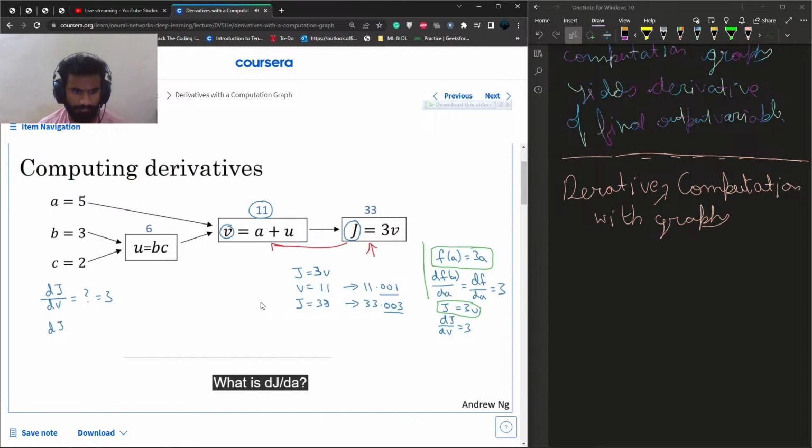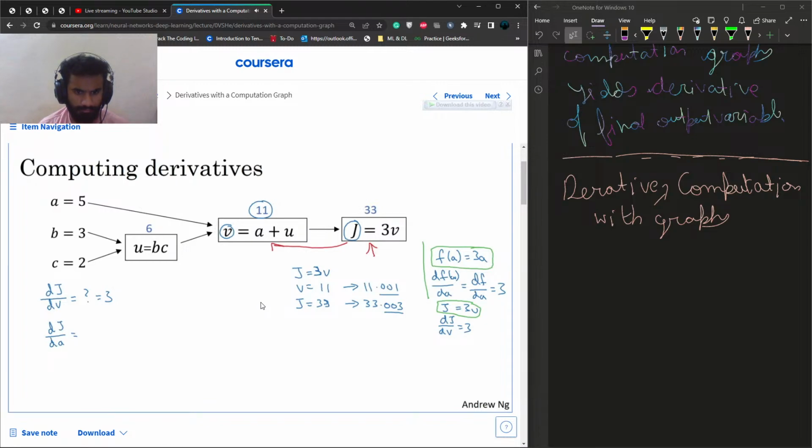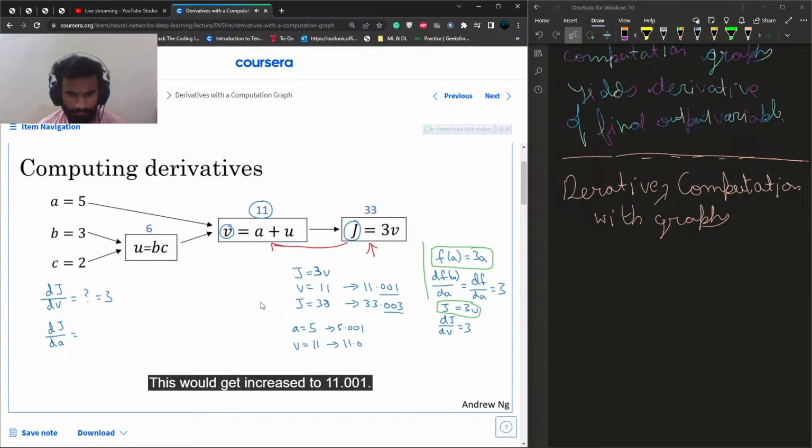What is dj dA? In other words, if we bump up the value of a, how does that affect the value of j? Well, let's go through the example. Right now a is equal to 5, so let's bump it up to 5.001. The net impact is that v, which was a plus u, previously 11, would get increased to 11.001, and then we've already seen that j now gets bumped up to 33.003.